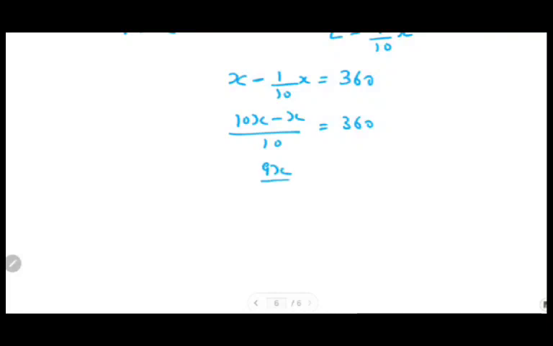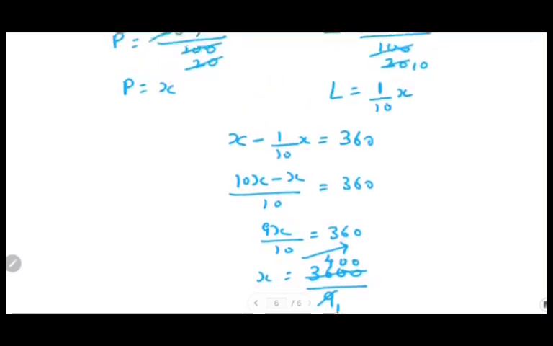This makes it 9x upon 10 is equal to 360. X is equal to, I'm going to take the 10 on this side, so it becomes 3600 with the 9 in the denominator. 9 ones are 9, 9 fours are 36, 0. So what is my x?